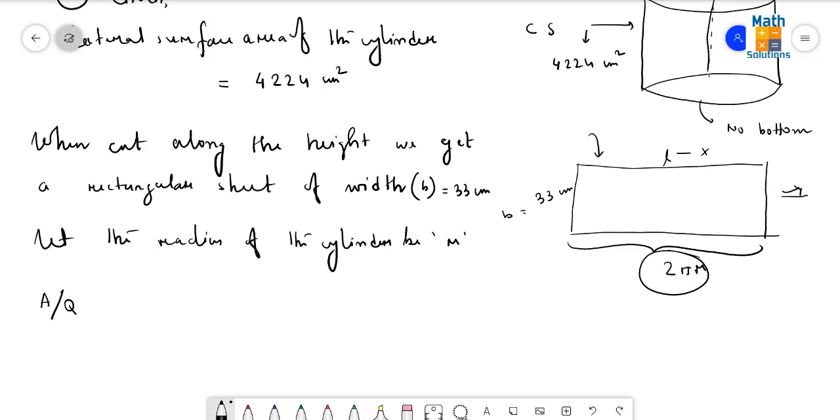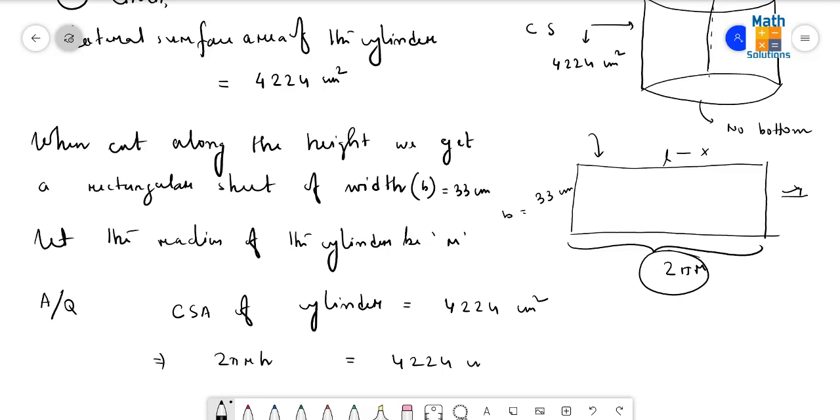According to question, CSA of cylinder equals to 4224 centimeters square. So what can we write? 2 pi rh is equal to 4224 centimeters square. Since the width is given, this width acts as the height of the cylinder here.